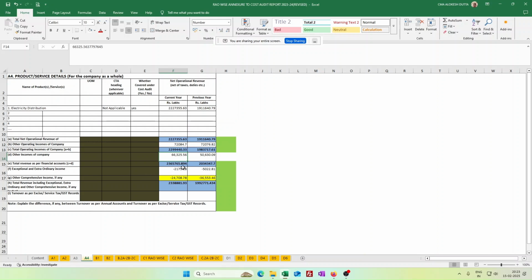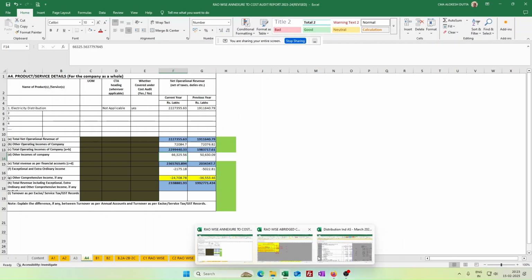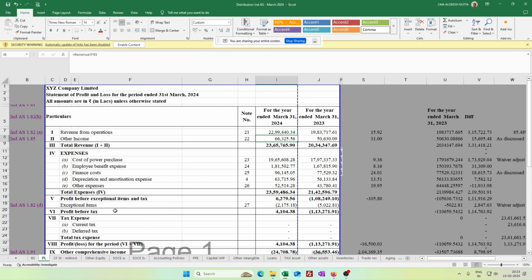Exceptional and extraordinary item. It is also from here. Exceptional item. This is a minus figure, 2175.18.